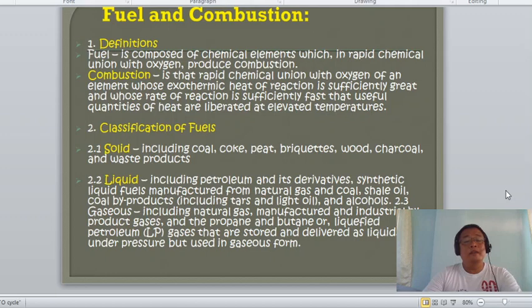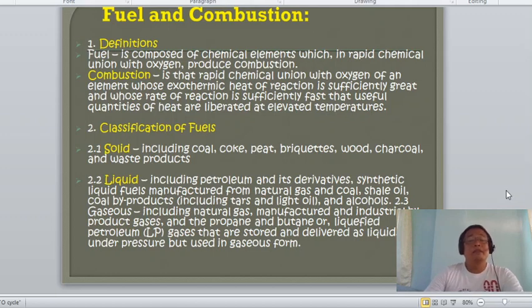Of course, we have solid, liquid, and gaseous fuel. Solid fuels include coal, coke, peat, briquettes, wood, charcoal, and waste products, such as bagasse coming from sugarcane milling.